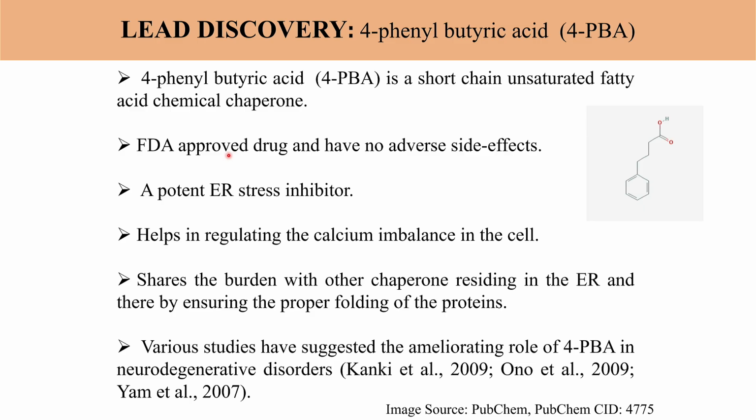This is actually an FDA approved drug. It is used for urea cycle disorders, not for neurodegenerative disorders. It has a very high LD50, so it is not toxic at all, and there are many studies which say that it has good chaperone activity. So, we studied its activity in our lab also.